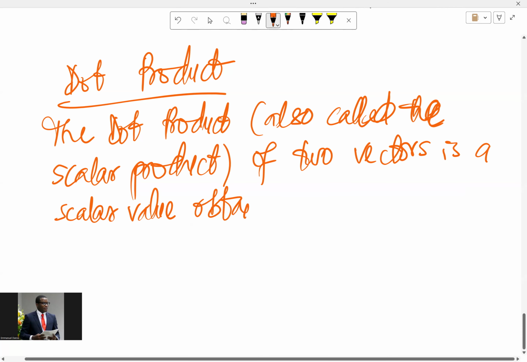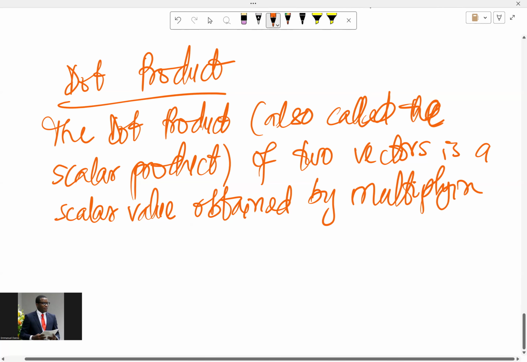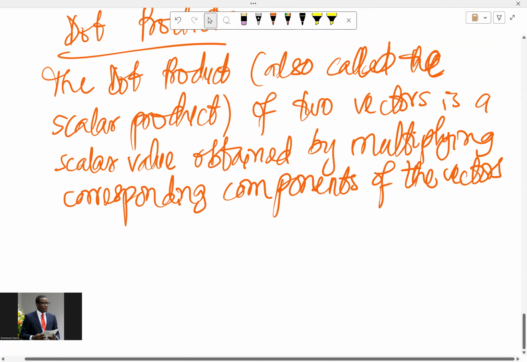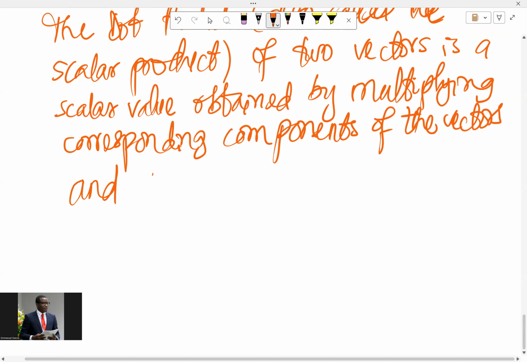It is a scalar value obtained by multiplying corresponding components of the vectors and summing the results.